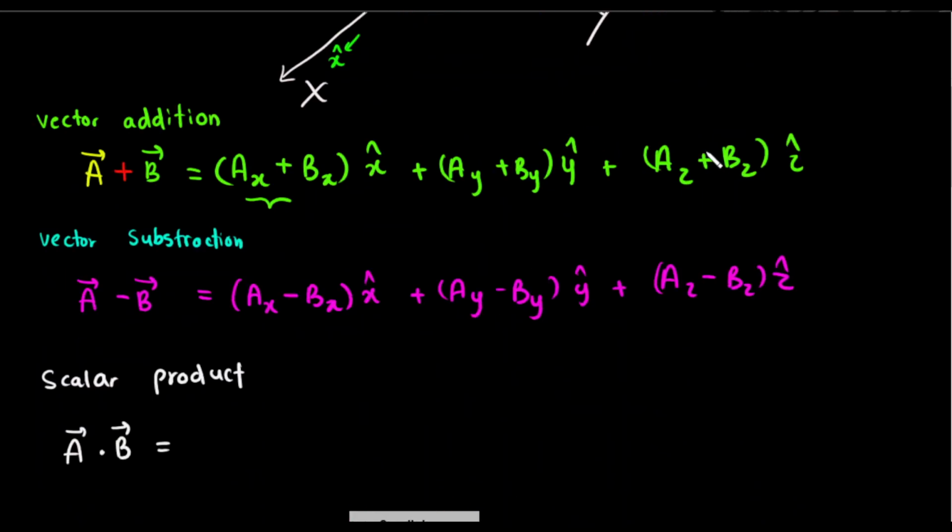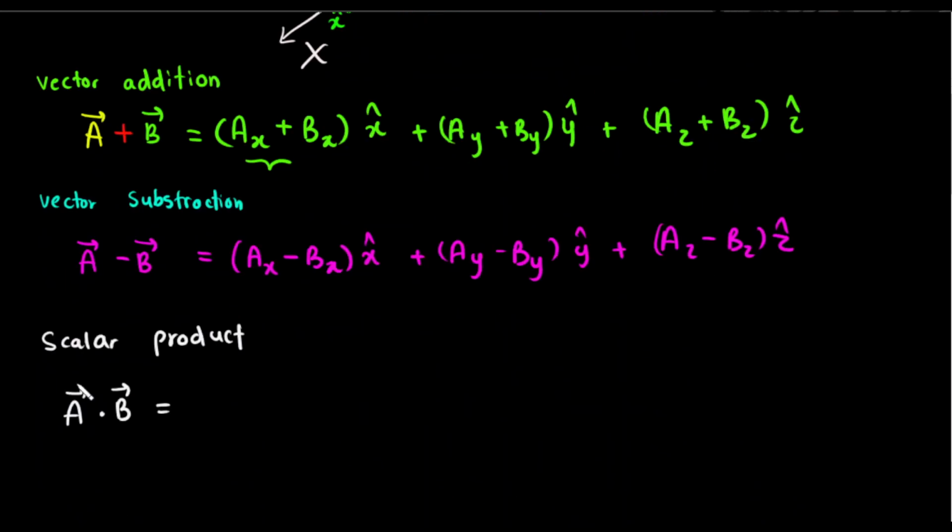To get the scalar product, I first write the a vector as ax x hat plus ay y hat plus az z hat. This is the dot product. When you are considering the scalar product, you have to take the dot product.